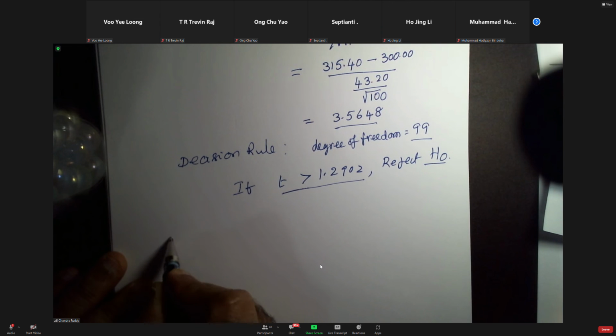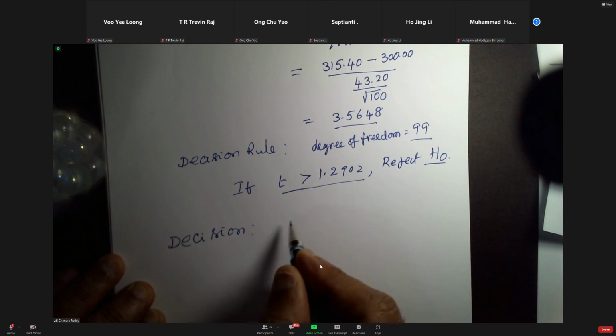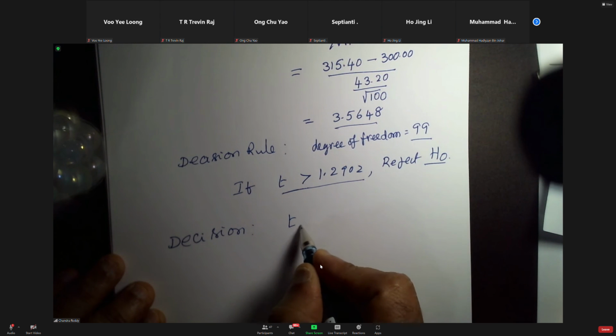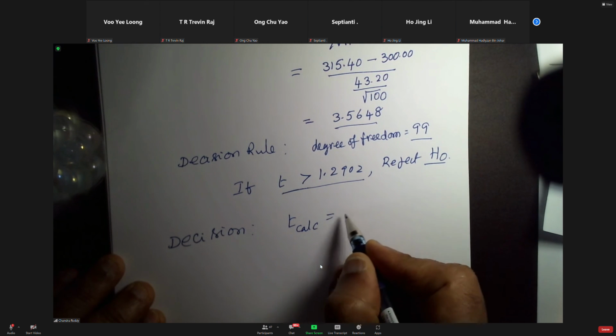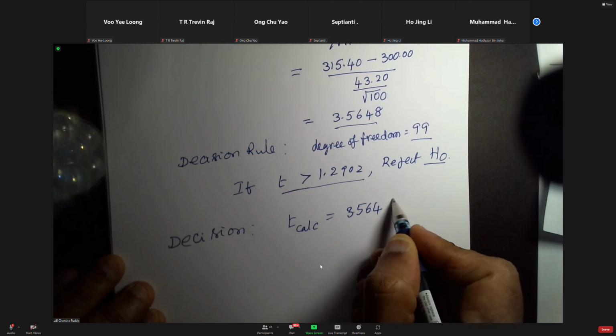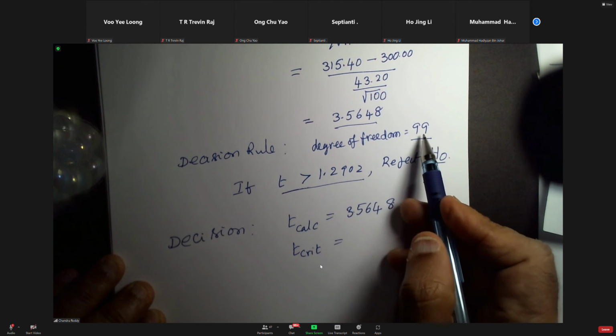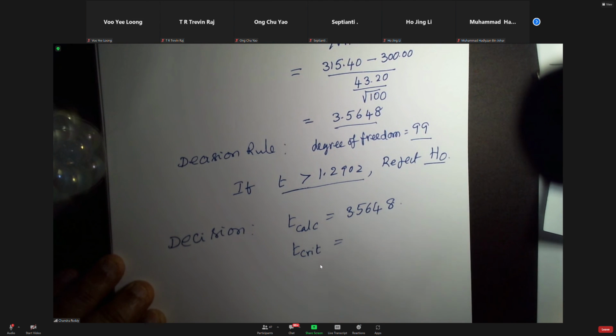Now, what is the decision? The calculated value is 3.5648. The critical value is from the tables for the given degree of freedom of 99 and significance level of 0.10.